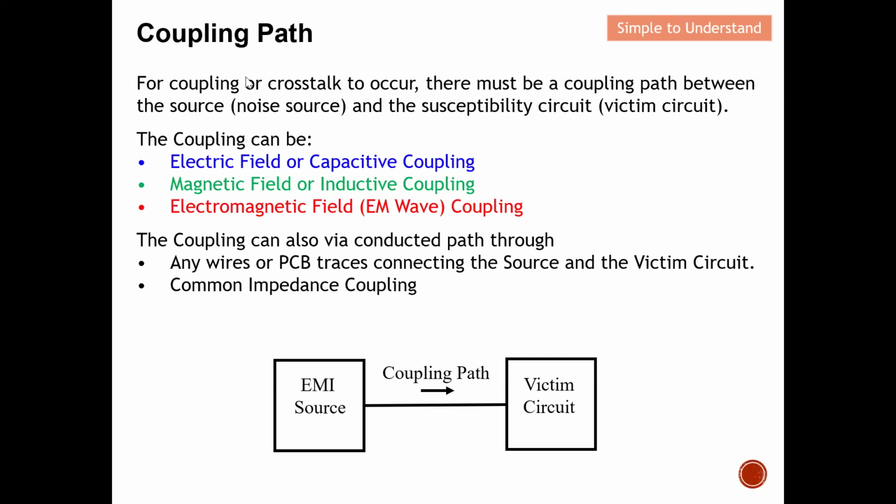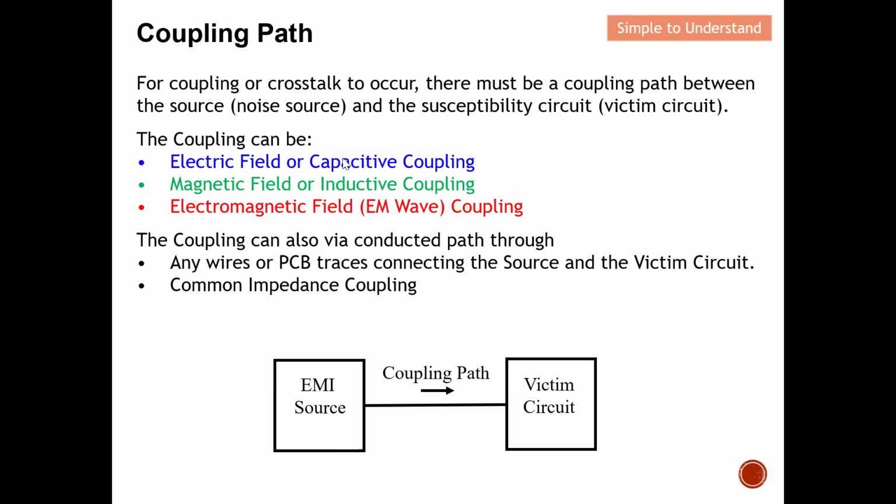For coupling or crosstalk to occur, there must be a coupling path between the source and the susceptible circuit. This is what I have illustrated earlier on. This is the source of the noise, this is the victim, this is the path. This coupling path can be in either of these forms. They can be electric field or capacitive coupling.